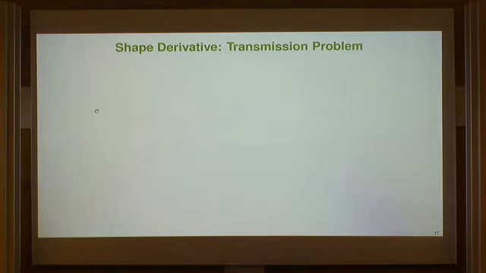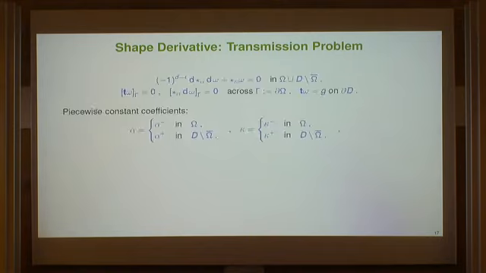Now, I'm running out of time. So I'd like to discuss the transmission problem. Well, only briefly. I'm going to skip the technical part. Because the transmission problem is very interesting and it bothered us a lot. Very simple transmission problem: you have essentially a Dirichlet boundary value problem with jumping coefficients.